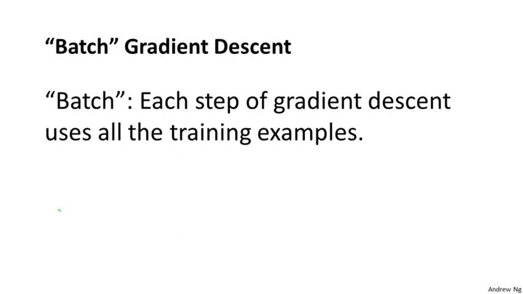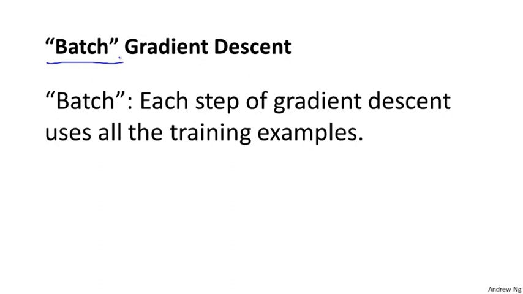Finally, just to give this another name, the algorithm that we just went over is sometimes called batch gradient descent. In machine learning, I feel like we're not always great at giving names to our algorithms. The term batch gradient descent refers to the fact that in every step of gradient descent, we're looking at all of the training examples.